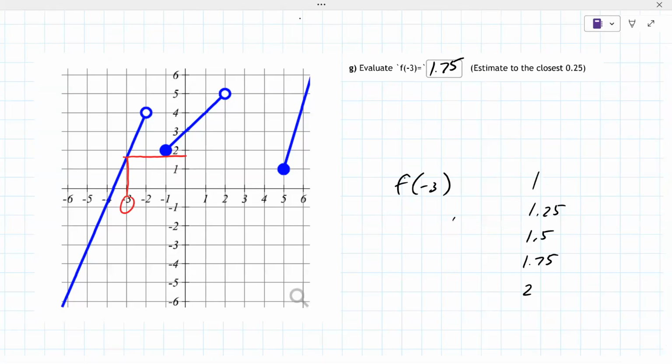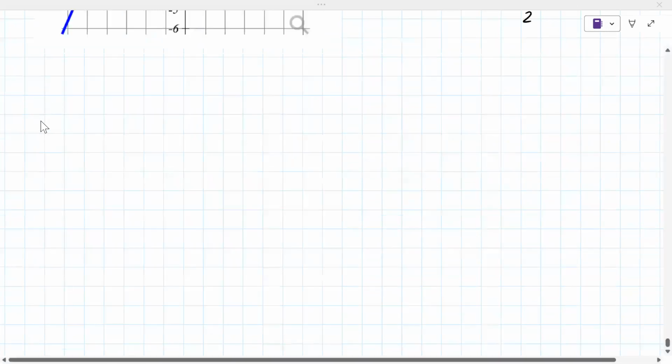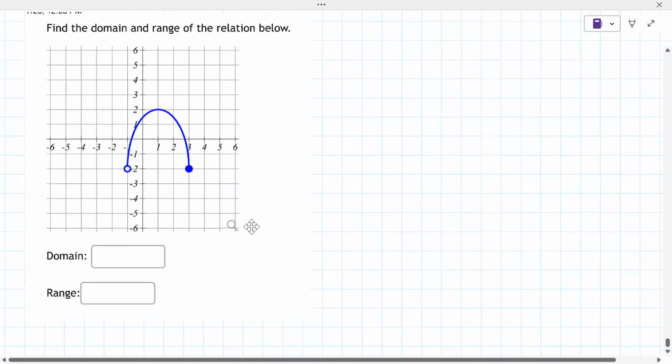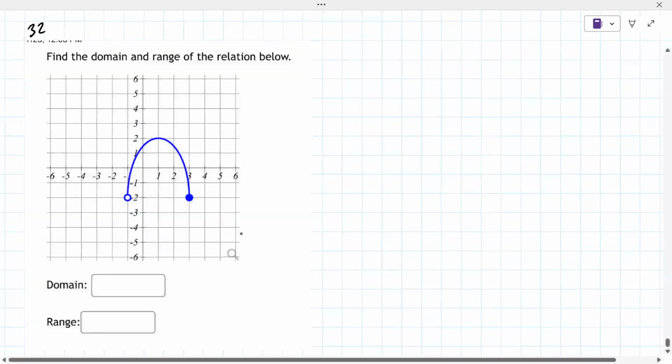Domain and range of the next one here, 32. Why don't you try this one on your own based on what we've done, just to see. Ask if you've got some questions, but see where you're at here. It's a tricky question. It's not as easy as some of the others, but you can do it.